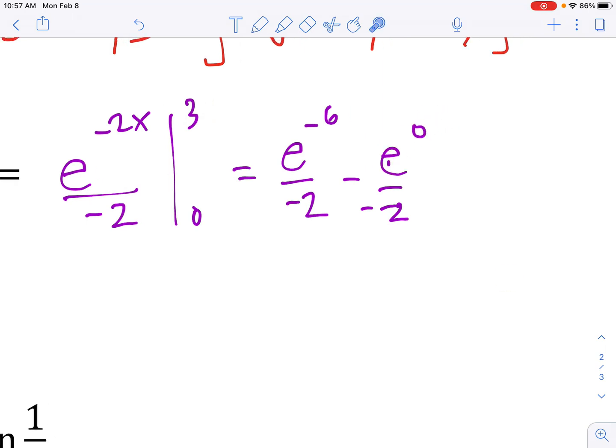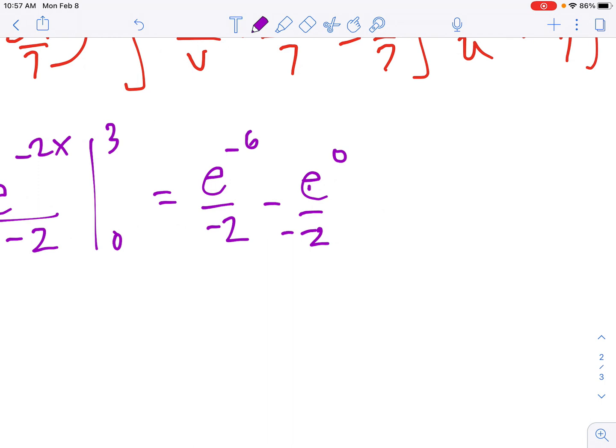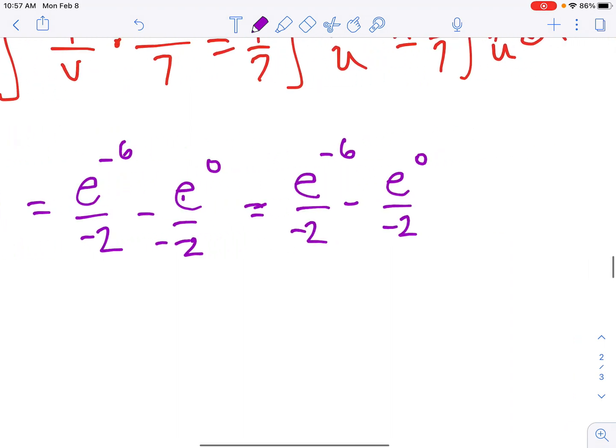Here's another one of those e to the zeros, right? That does not equal 0, it equals 1. So, you know, that's really common. They love to do that, and they love to trick you with really convincing teaser answers. So this is e to the minus 6 over negative 2 minus e to the 0 over negative 2.